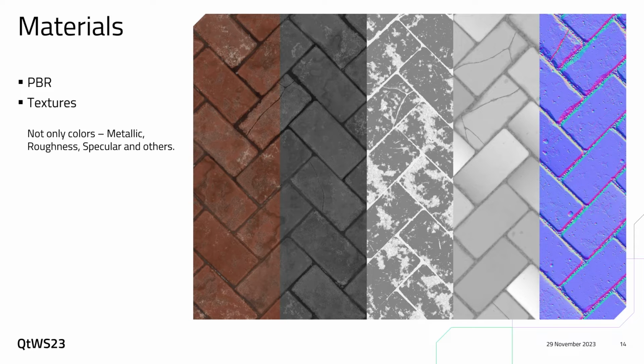For roughness, a black pixel is super glossy, and the opposite, a white pixel, is super rough. Of course, we can specify other maps, other properties, for example a normal map, which simulates details on a surface.